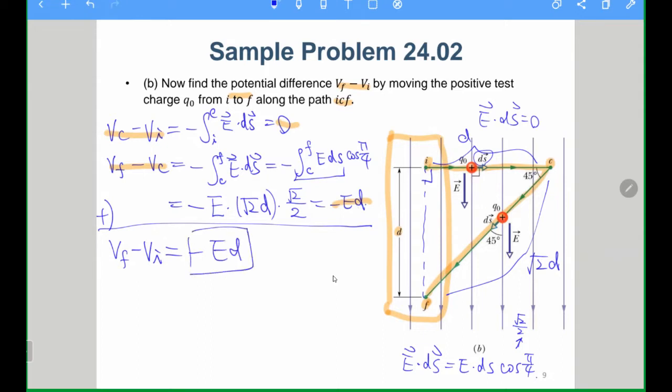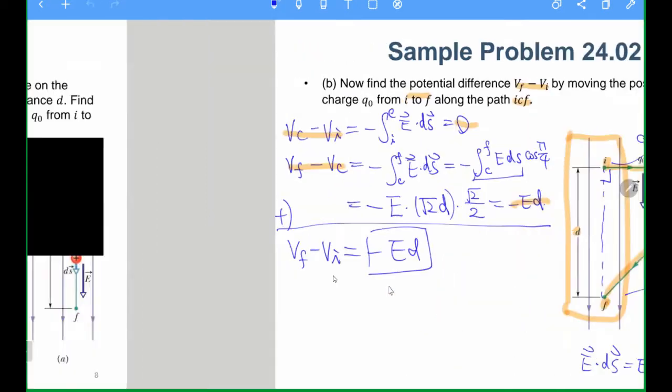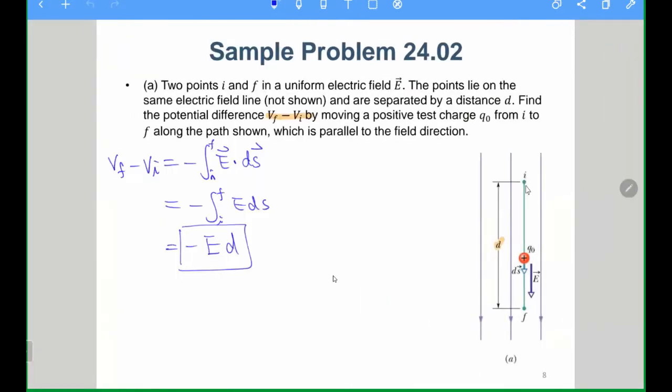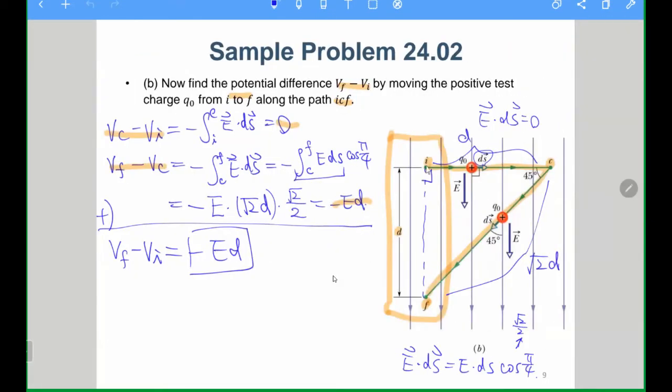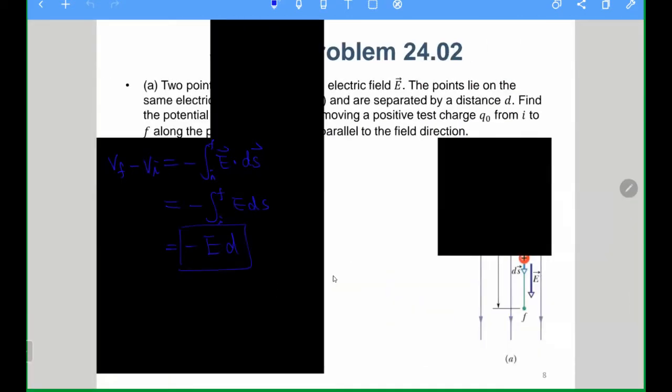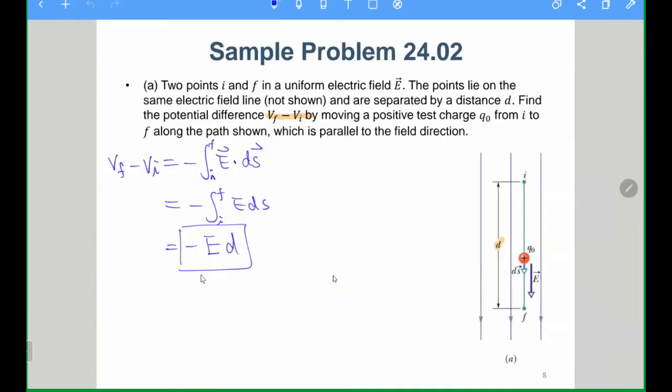We didn't prove it, but we verified that if we move a charge from I to F along different paths, one directly in a straight line from I to F, and the other from I to C and then to F, the potential difference is the same.